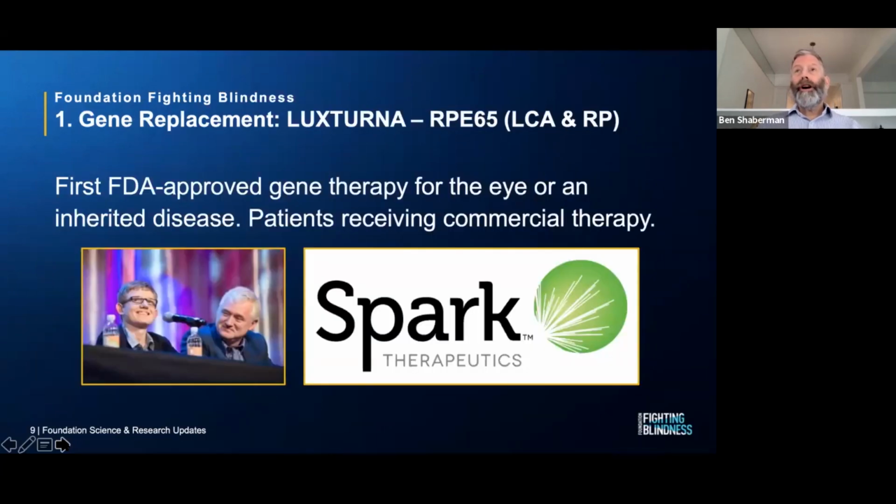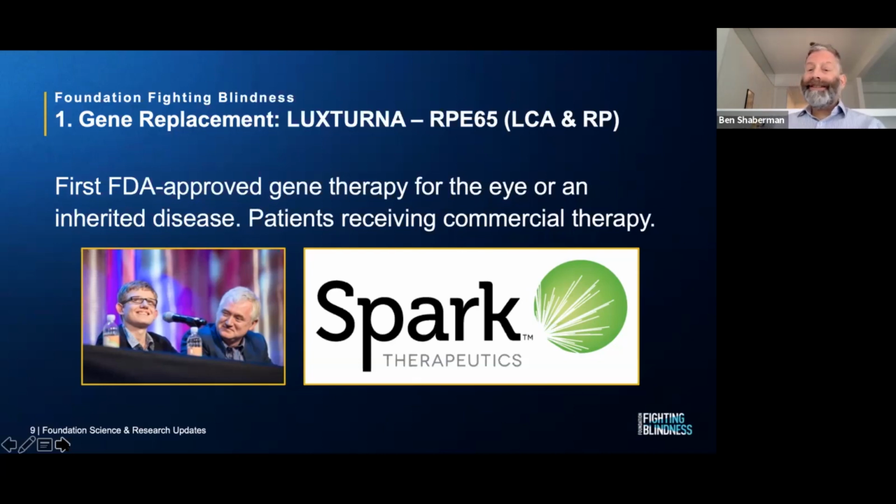So there are dozens of gene therapies now in clinical trials. We don't have time to go through those, but I wanted to highlight Luxturna, which is the first FDA-approved gene therapy for the eye or an inherited condition. It was approved by the FDA in December 2017.